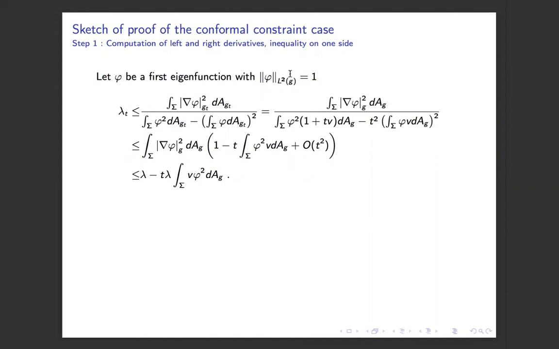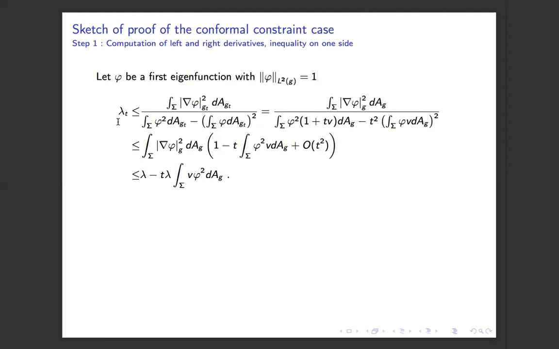But for that, we can prove inequalities on two sides. The first side is because we can use the first eigenfunction on a fixed surface with a fixed metric as a test function for the variational characterization of the first eigenvalue for the new surface with metric g_t.